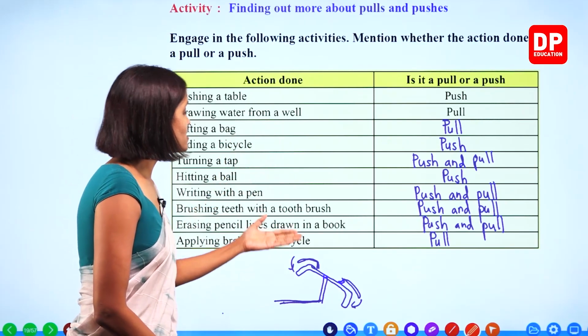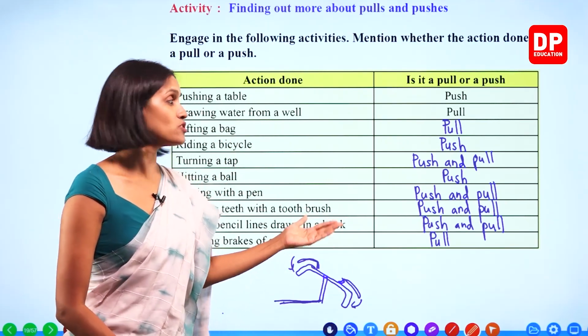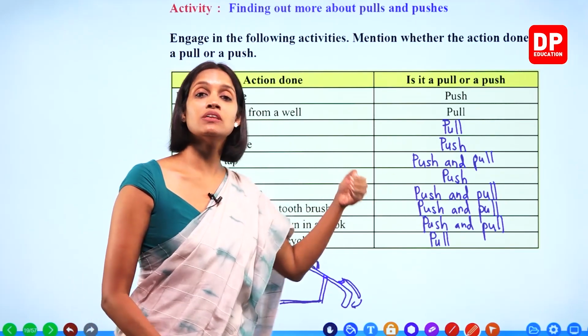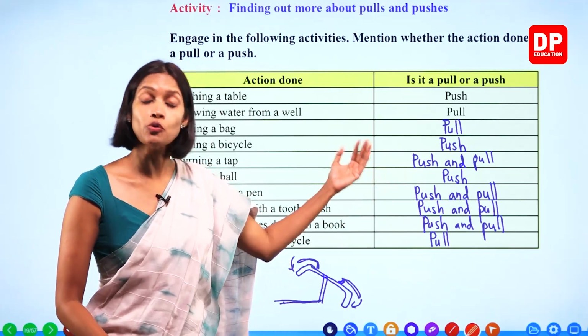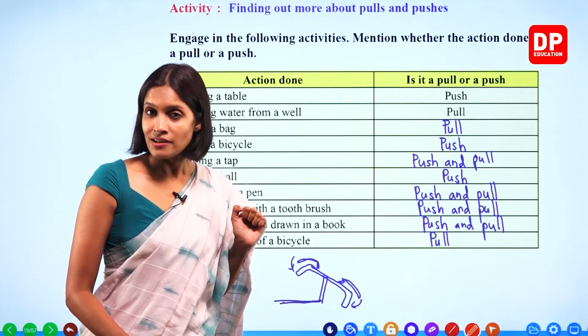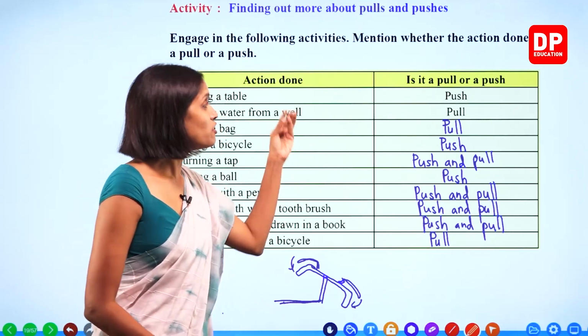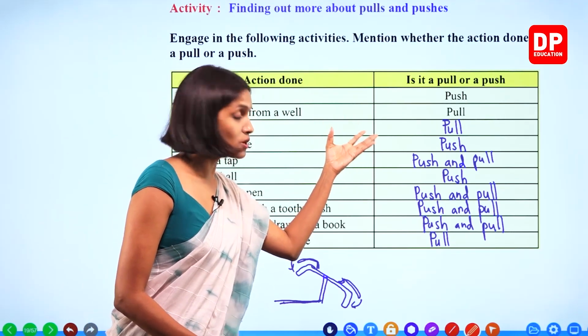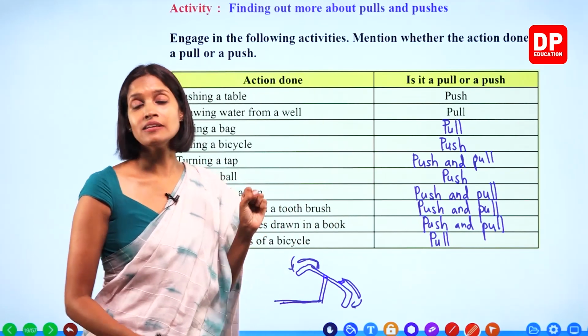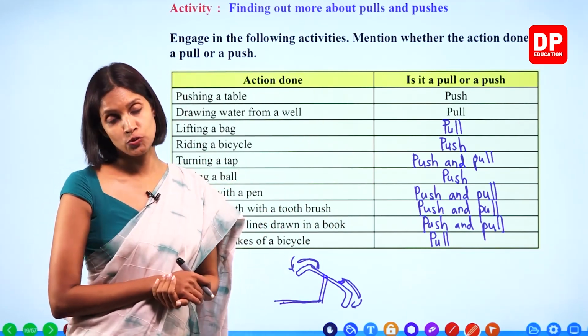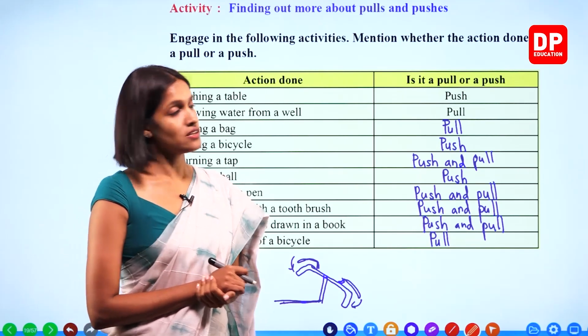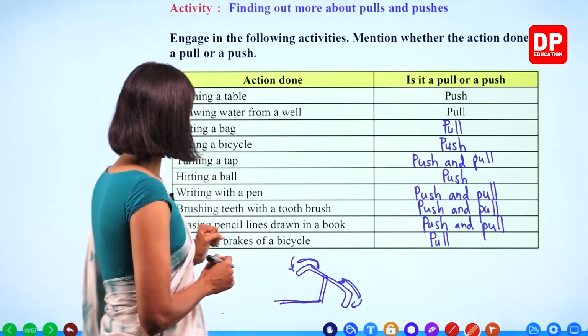So you can write a longer list and try to understand this better. Check whether it is a pull or a push or both. You will understand that at least one of these, a push or a pull, is done in all the activities that we do. So we'll move on to the next.